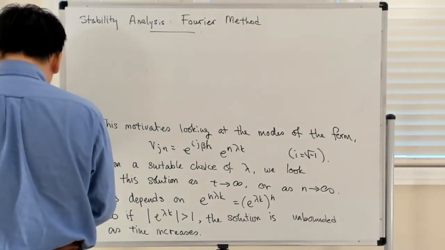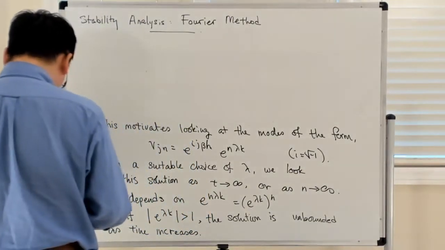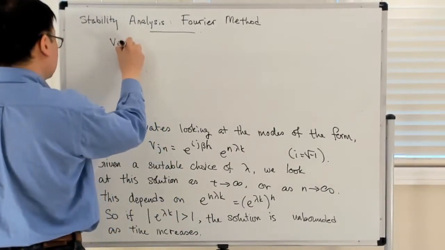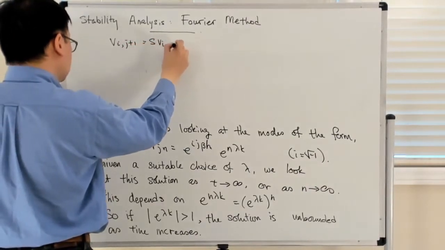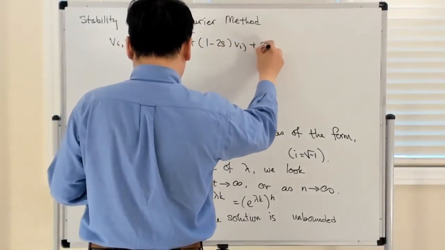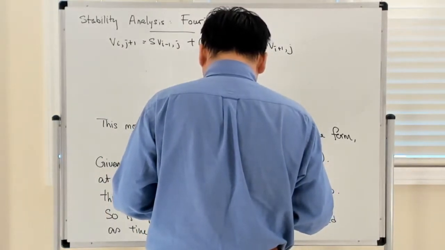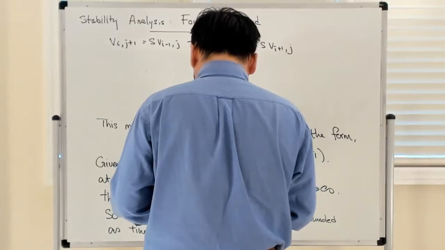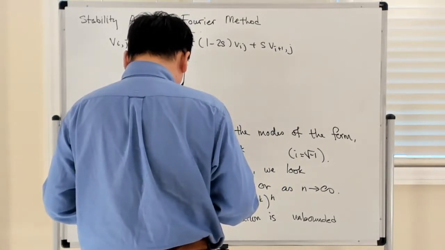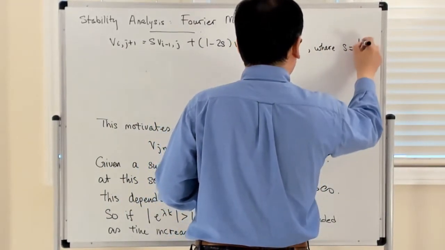The defining equation for the method has the form V_i^(j+1) is equal to S V_(i-1)^j plus (1 minus 2S) V_i^j plus S V_(i+1)^j, where S is equal to k over h squared.